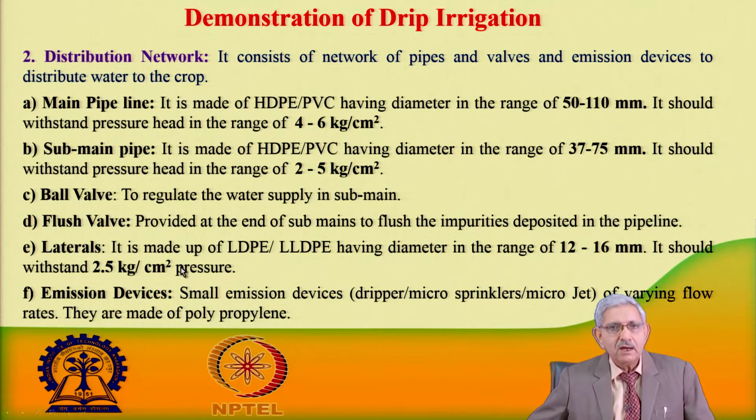Emission devices are attached to the lateral pipeline, and depending upon the requirement, a particular type of emission device such as dripper, micro sprinkler, or micro jet, with different discharges, is used as per the requirement.